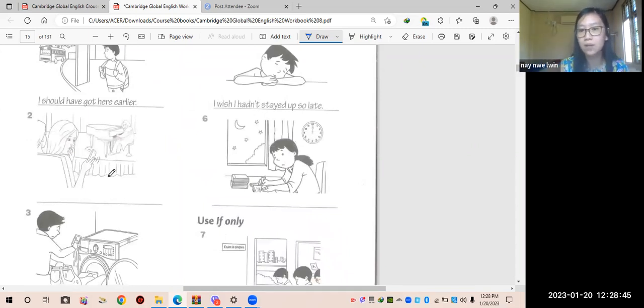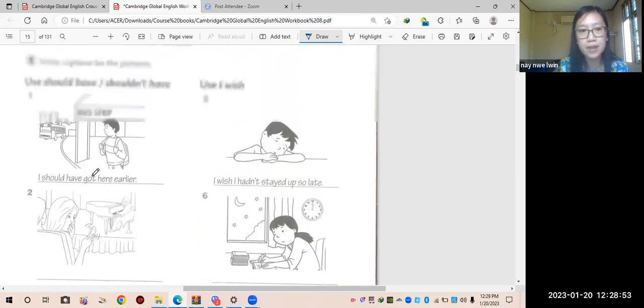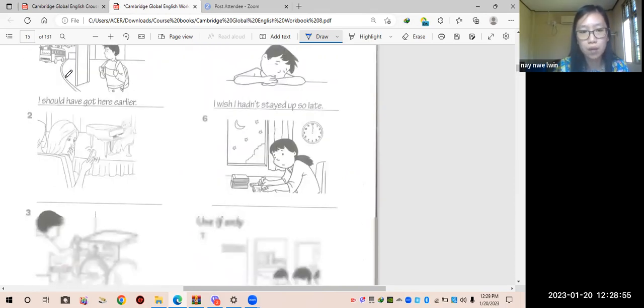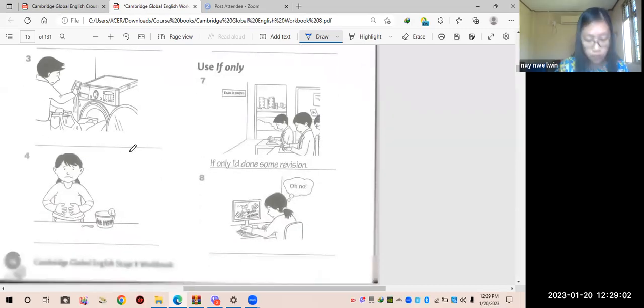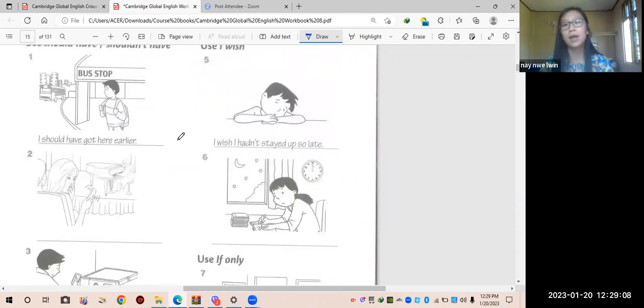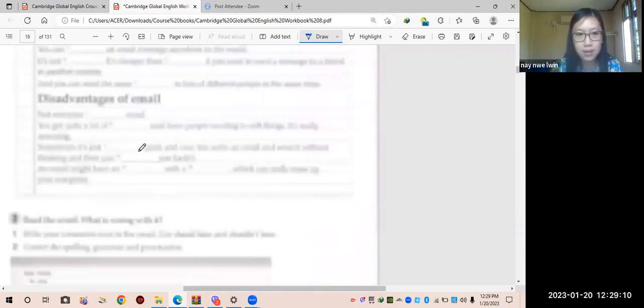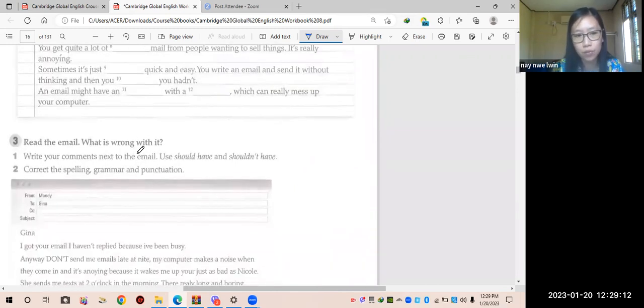You can use "if only I should have plus past participle" or "shouldn't have plus past participle," or "I wish plus have plus past participle." So this one is also homework. That is not too much, right? So number 3 and number 1 on page 14, and we can check the answers next week. Is that okay? Okay. And for the rest of the exercises, I will skip as they are also easy.